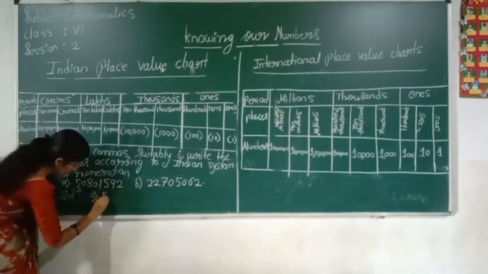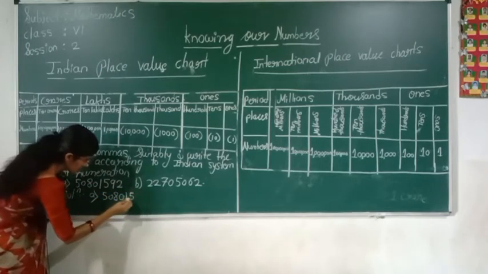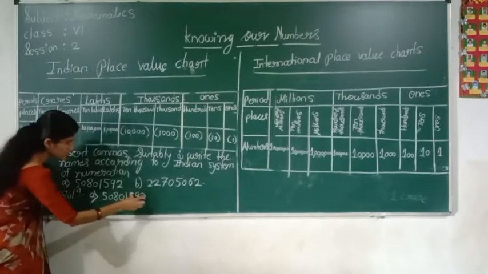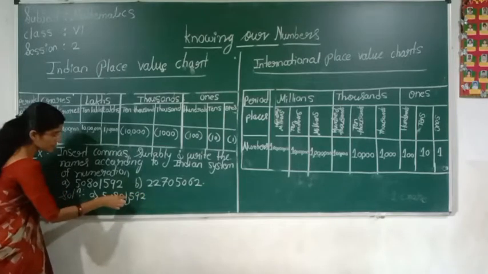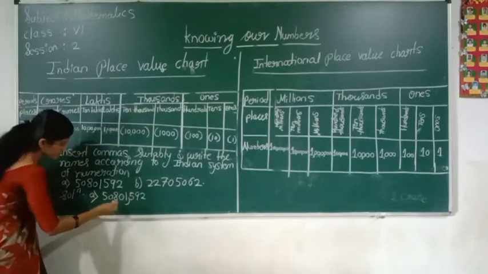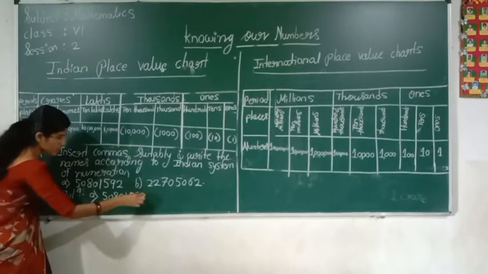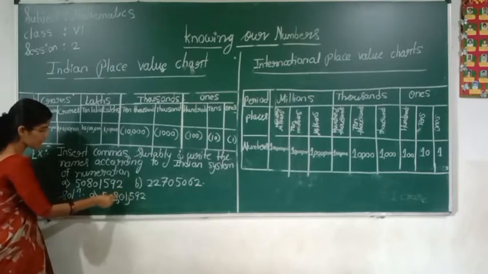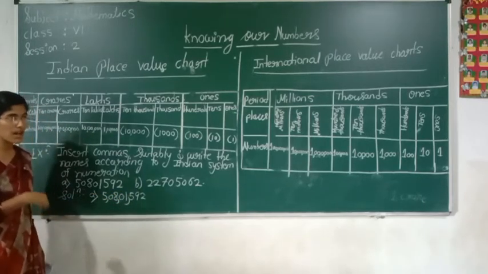Yes or no? See here, this is ones place in the ones period, and this is thousands. This is ones period, this is thousands period, this is lakhs period, this is crore. And how to read this number?